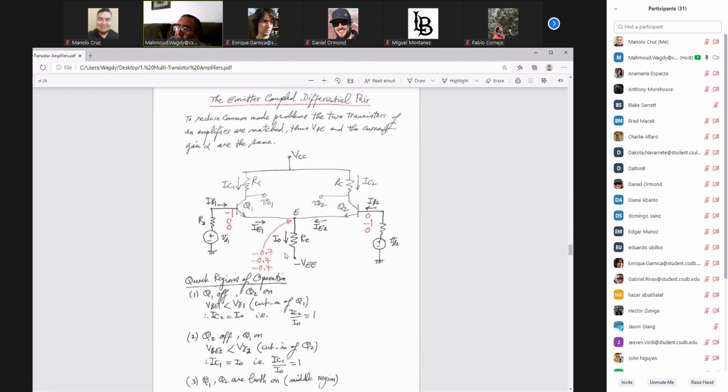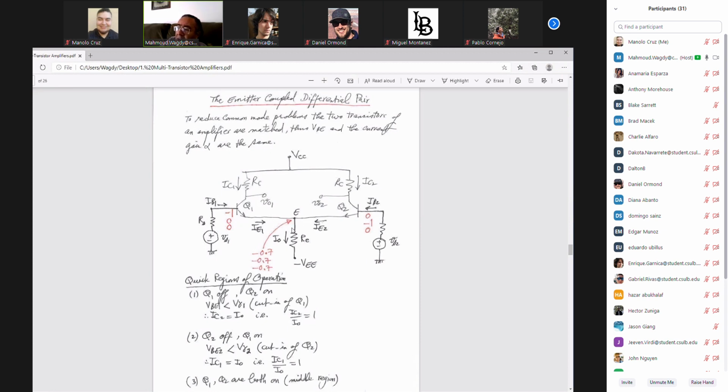The whole idea of a differential pair is that you get symmetry between the 2 sides of the amplifier. These 2 resistors are equal. And you get 2 outputs. The differential amplifier has 2 inputs like this, V source 1 and V source 2, and it has outputs.